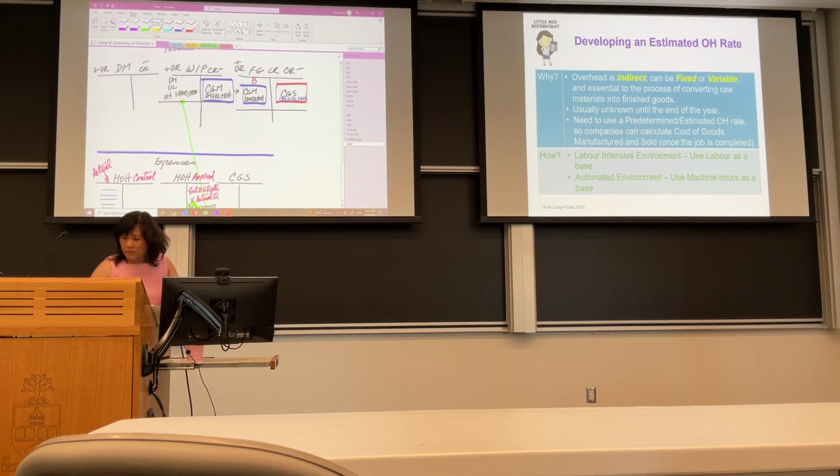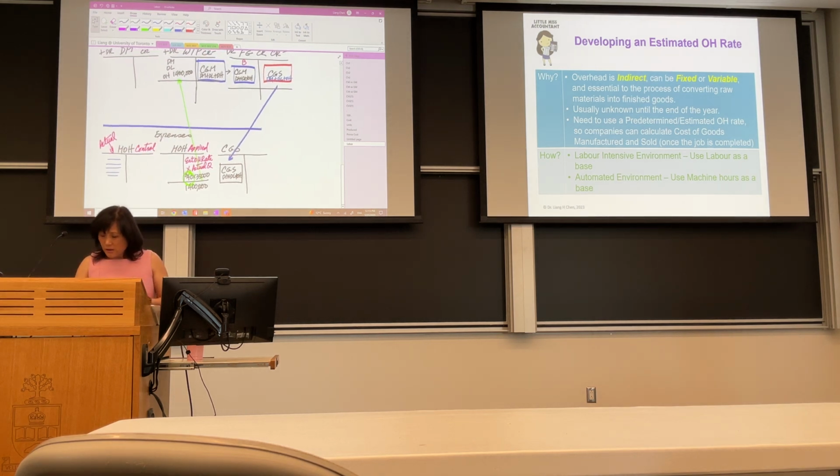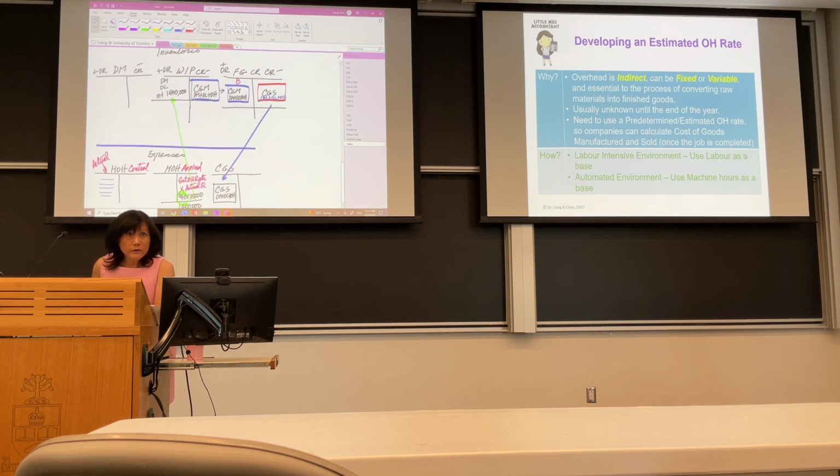Once you get out of here, where does it go? It goes to cost of goods sold. Inside cost of goods sold, I have direct material, direct labor, and overhead. So now I want you to pay attention here, okay? I may have a leftover in work in process, which means that I started in production but I did not finish. So here, in the leftover, you have direct material, direct labor, overhead.